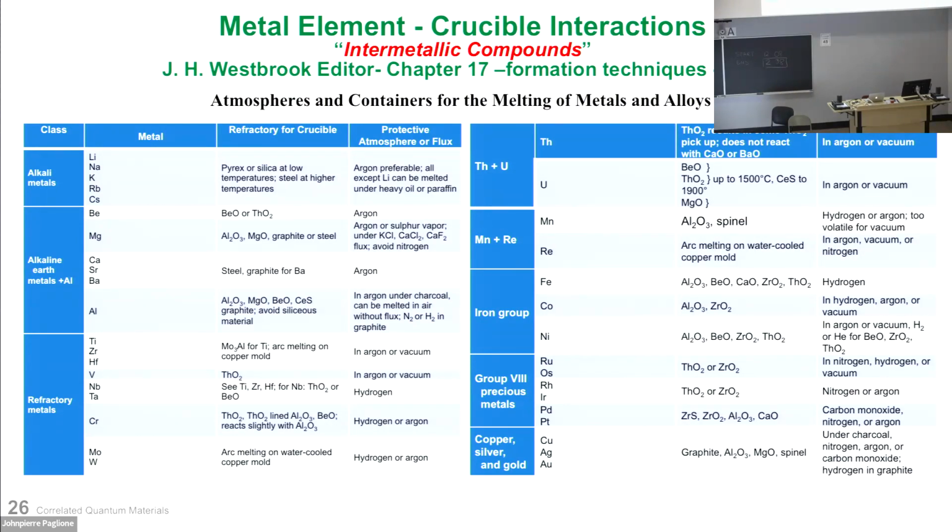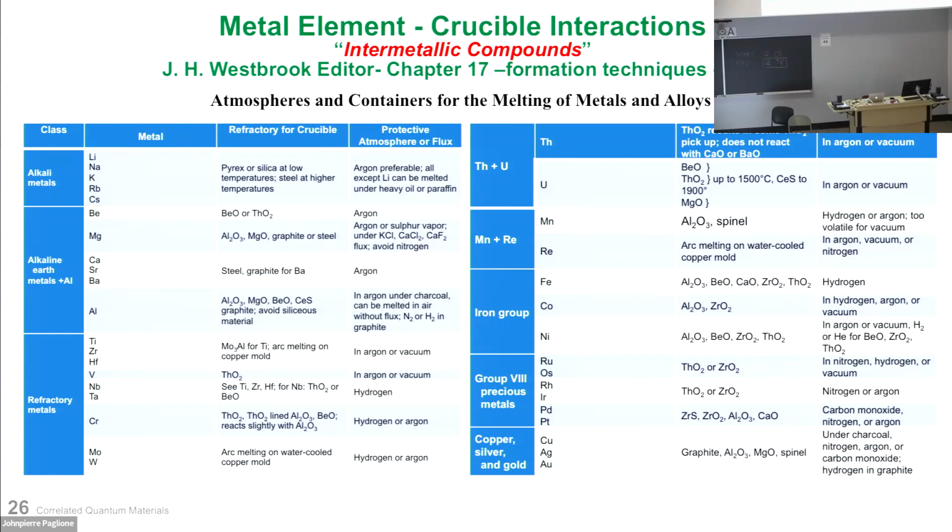And at that point in time, there was a lot of industrial research in crystal growth in general. And in the book, everybody got a copy of the book, right? In chapter 1, this table is reproduced toward the end of the chapter. But it tells you, for example, for alkali elements, which are very reactive, you can use Pyrex or silicon at low temperatures, steel at high temperatures, for example.